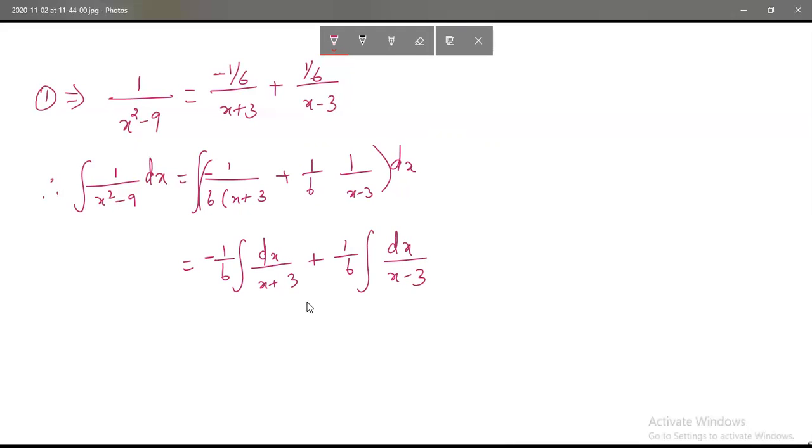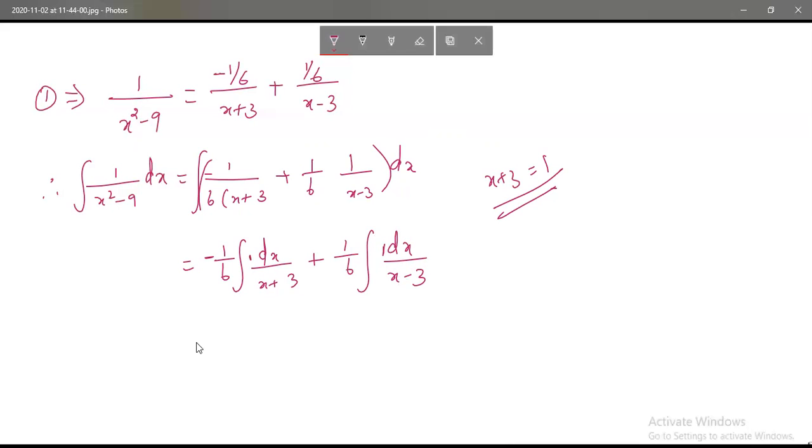So the differentiation of the denominator, that is x plus 3, is just 1, right? So the differentiation of x plus 3 is in the numerator 1 into dx, and x minus 3 also, its differentiation is 1, that is what is in the numerator.